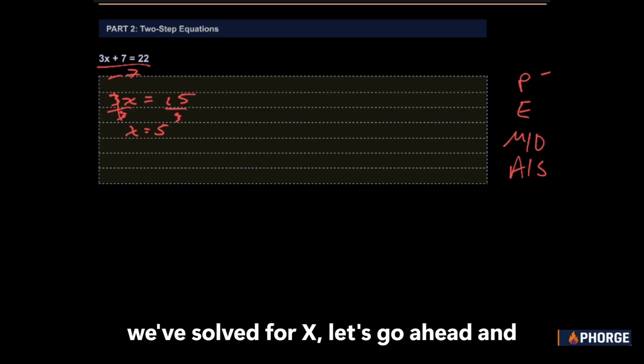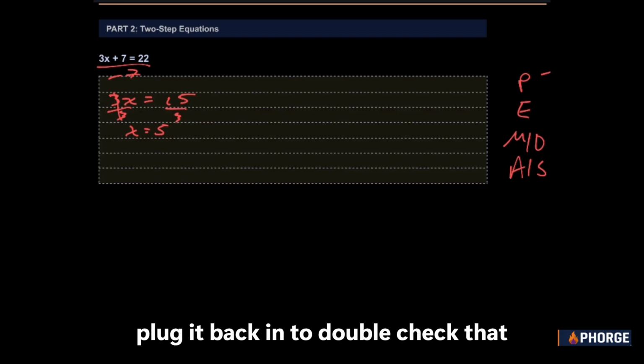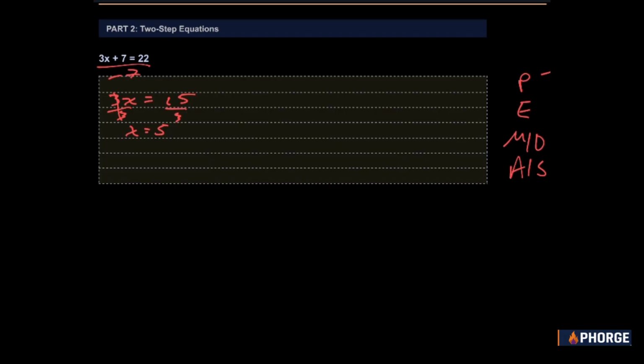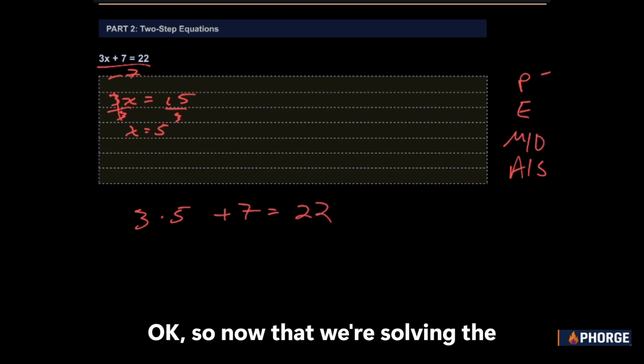Awesome. Now that we've solved for x, let's plug it back in to double check that we got it correct. We have 3 times 5 plus 7 is equal to 22.